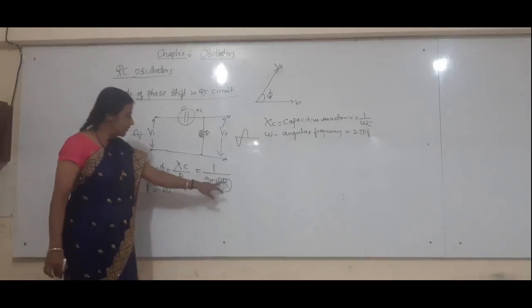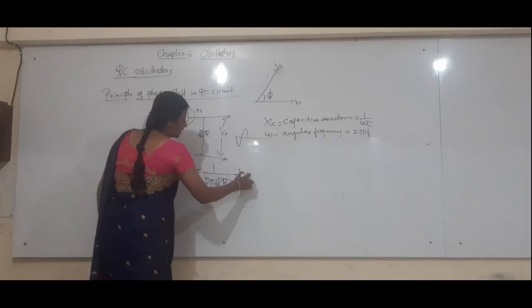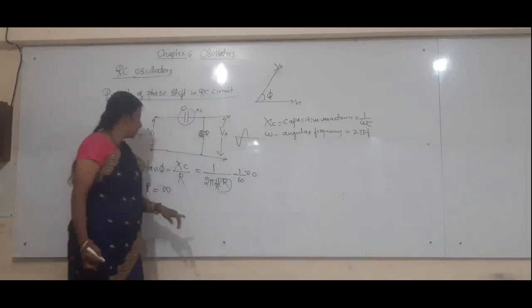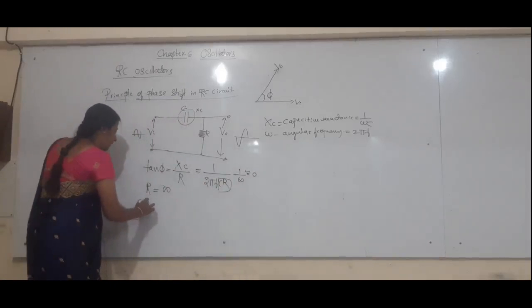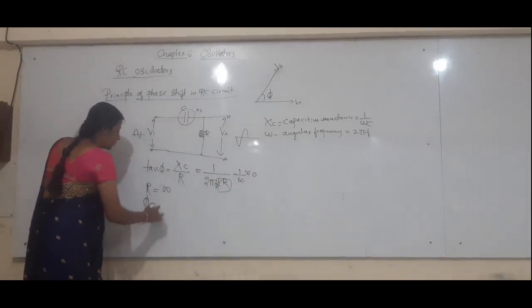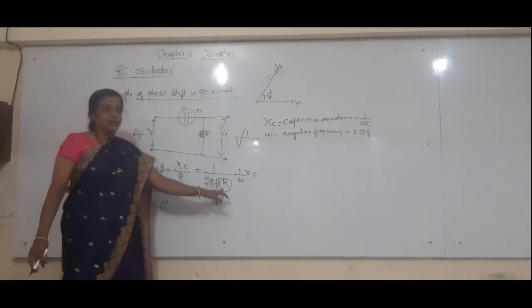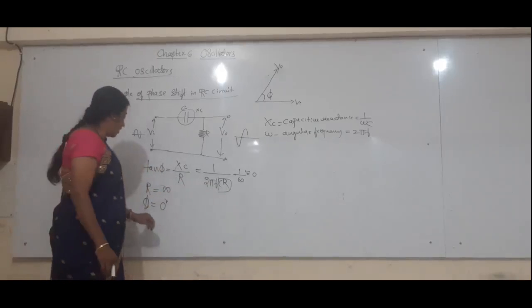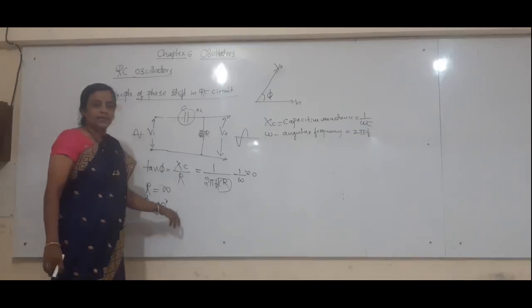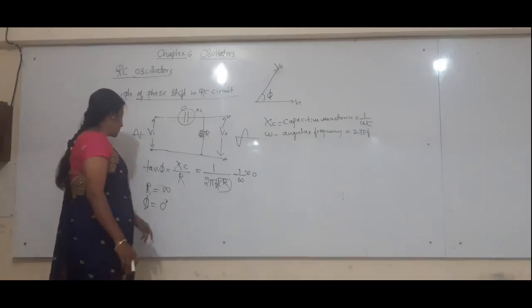Then this entire term is 1 divided by infinite, which is almost equal to 0. So tan phi of 0 means phi is 0 degree. Whenever an infinite resistance is connected, the output voltage is in phase with the input voltage, that is phi is equal to 0.